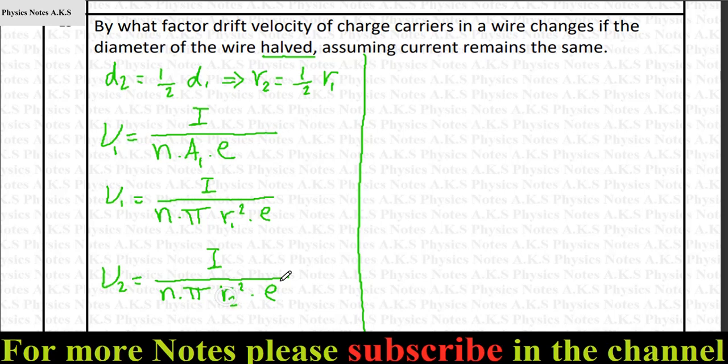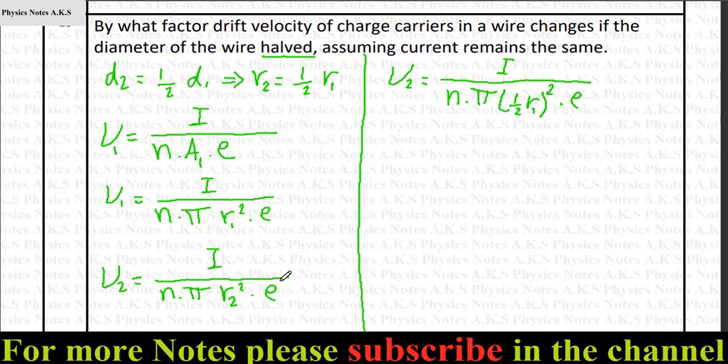Now instead of r2 I put half r1, because the relation between r2 and r1 is like this: r2 equals half r1. So I write here v2 equals, and pay attention here that the squared will be for the half and for the r. Now we will see. So I divided by number density multiplied by pi. Instead of r2 I put half r1, close the bracket, and squared, multiplied by e.